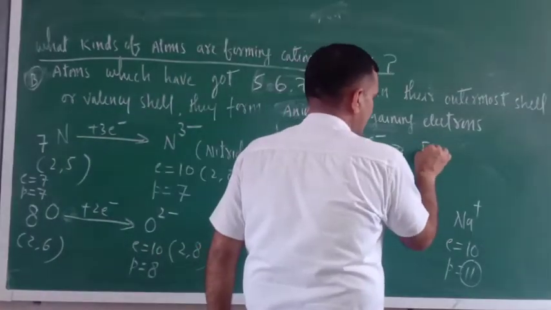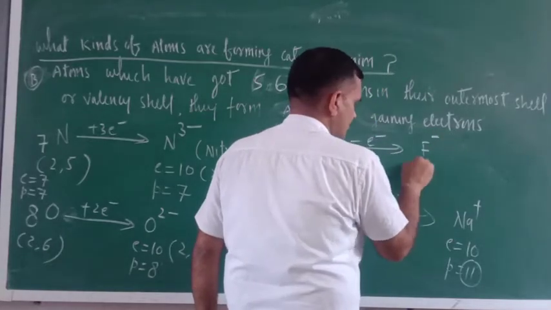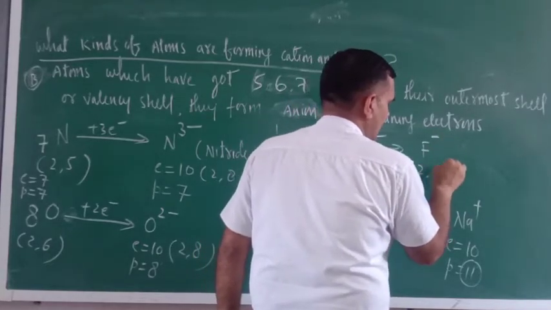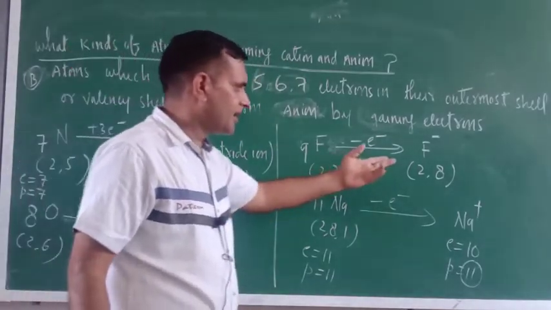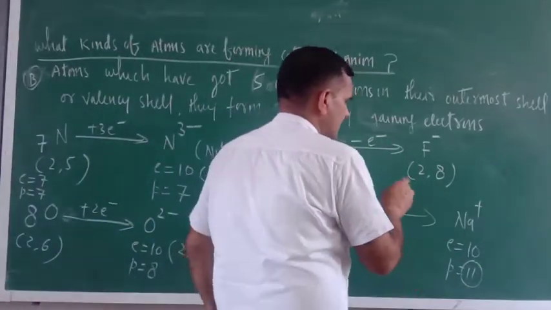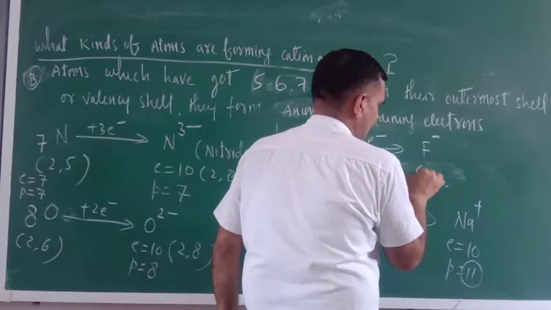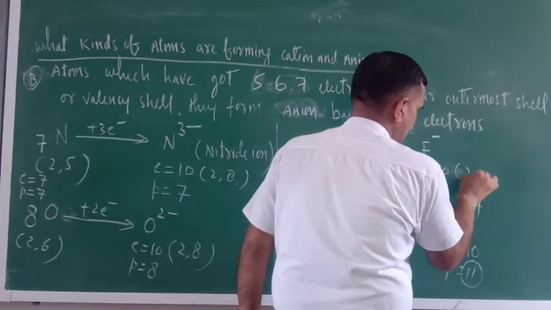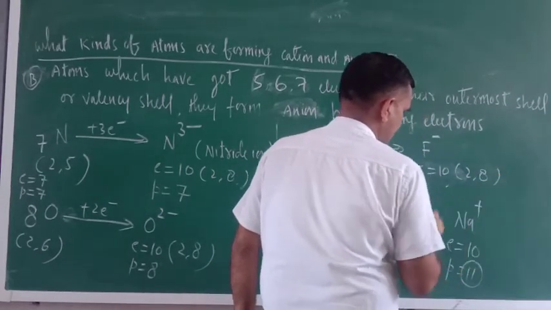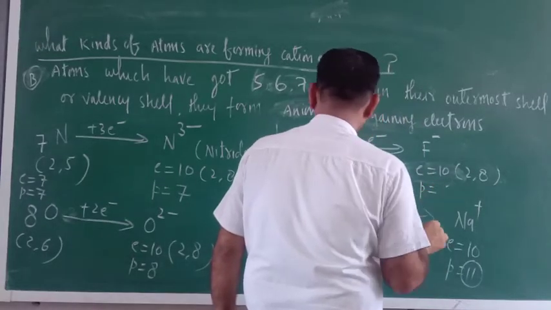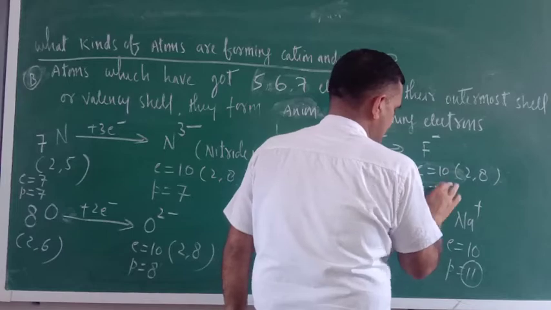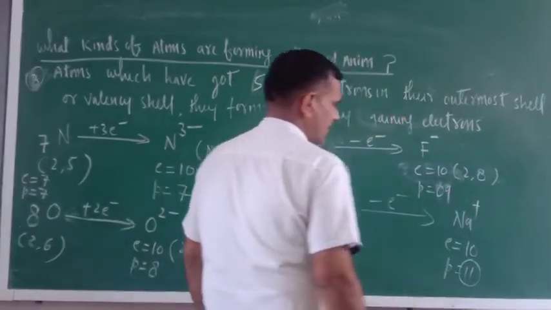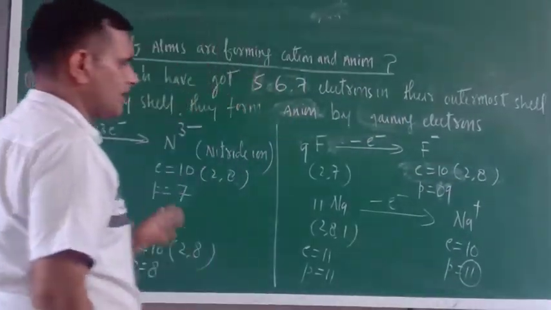So here F single negative, 2 and 8. Octet is completed because the electrons are equal to 10, and the protons are equal to 9 only. Still 9 protons are there. Okay? 2, 8. No issue.